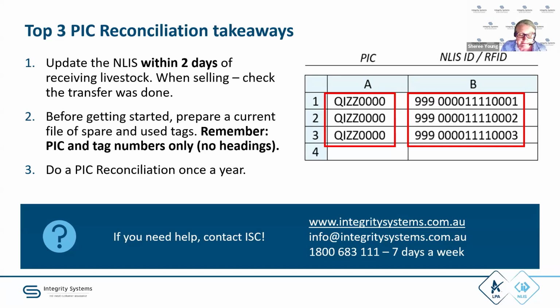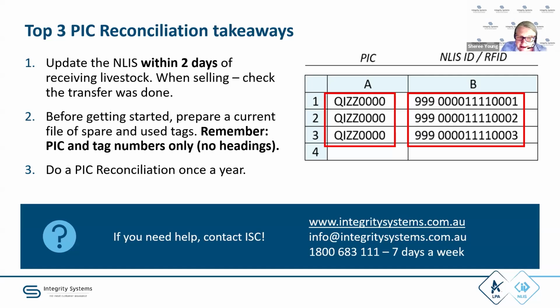And I think hopefully you will find that useful when it comes time to do a PIC reconciliation for your property. Now, before we wrap up, I just wanted to leave you with these top 3 PIC reconciliation takeaways that we thought might help consolidate the top 3 things we wanted you to take away tonight.